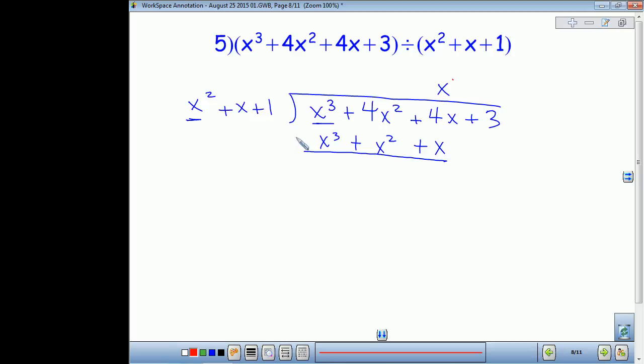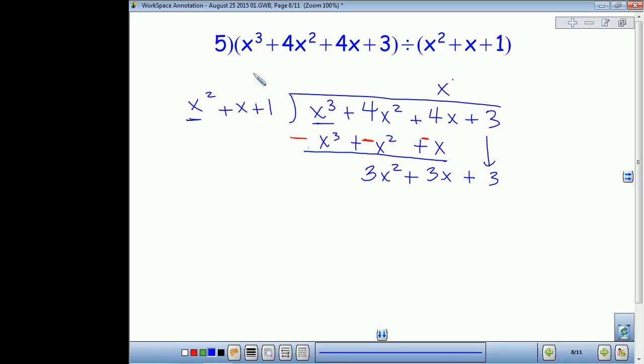Okay, now I subtract. Subtract, subtract, subtract. Okay, this totally goes away. I'm left with 3x squared, positive 3x, and then I can bring down my 3.